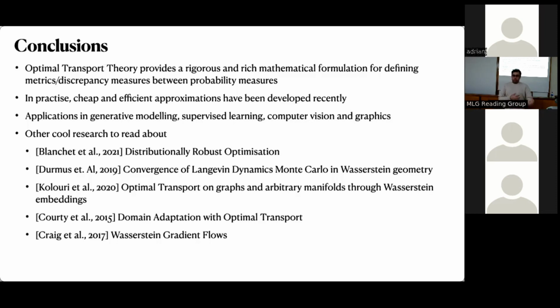You can plug a lot of these into your Bayesian inference task or probabilistic modeling task and use these different ideas of metrics versus a regular information divergence. There's a lot of cool research out there that I didn't have time to cover, but I briefly list here that you're welcome to go and read if you're interested. I think I'm out of time, so I'm going to stop there and take any questions if people have them.